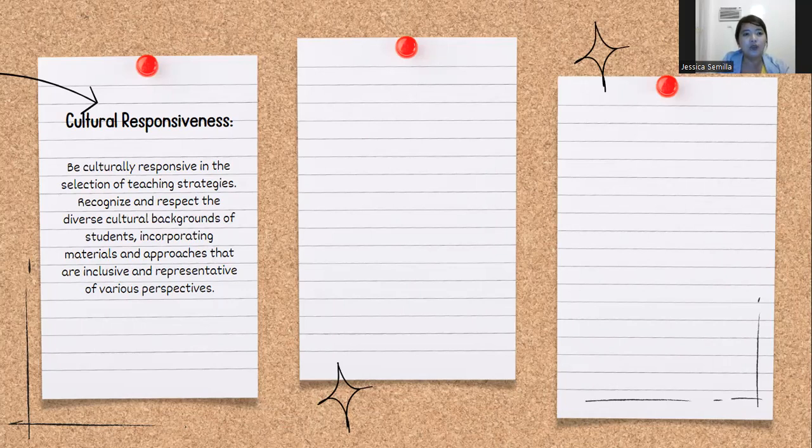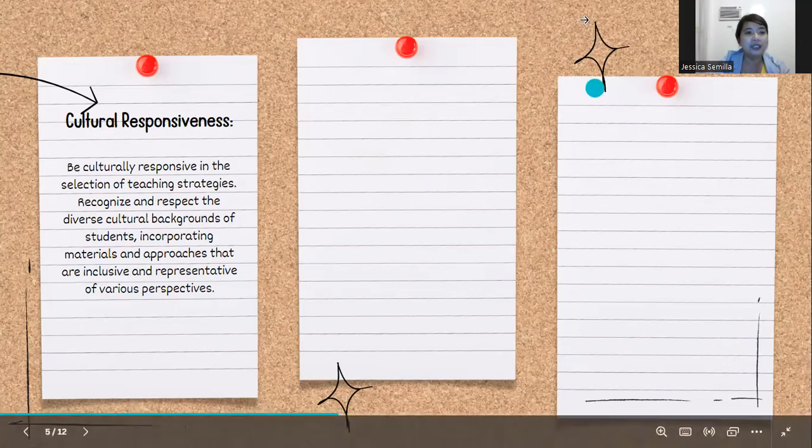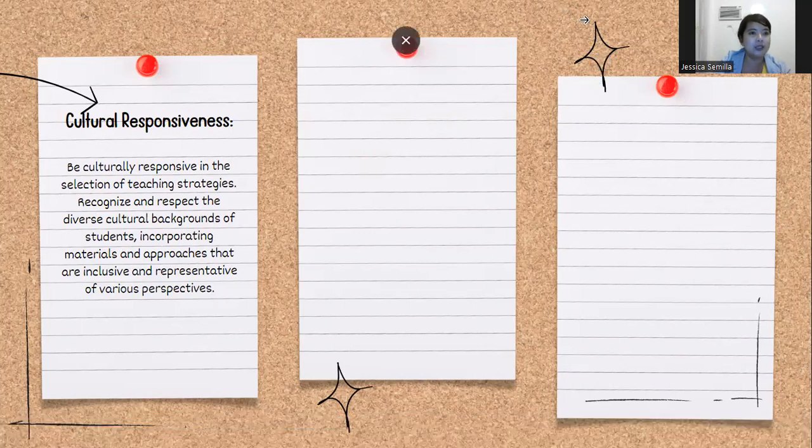So I guess that would be all for the guidelines in terms of identifying the teaching strategy. We'll be moving on with our next topic for our instructional material development.